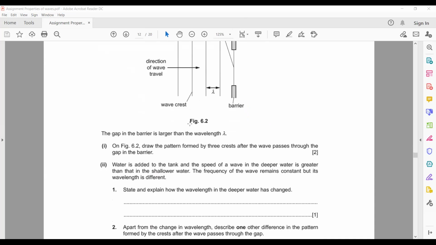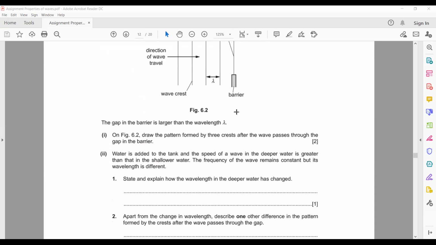Water is added to a tank and the speed of the wave in the deep region is greater than in a shallow region. The frequency of the wave remains constant, but its wavelength is different. State and explain how the wavelength in a deeper region has changed.